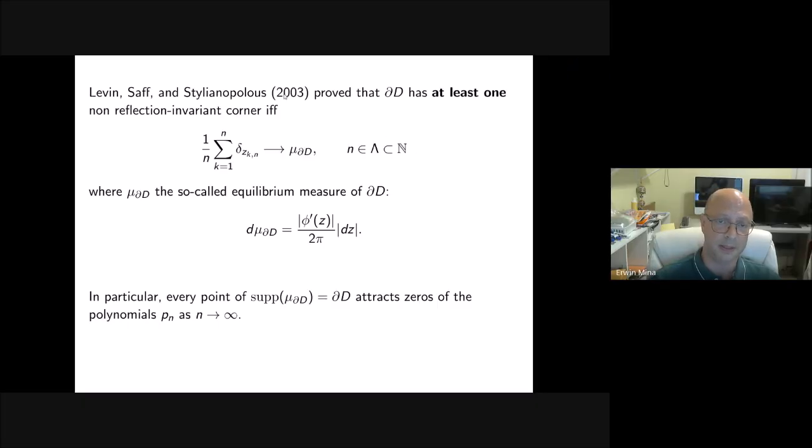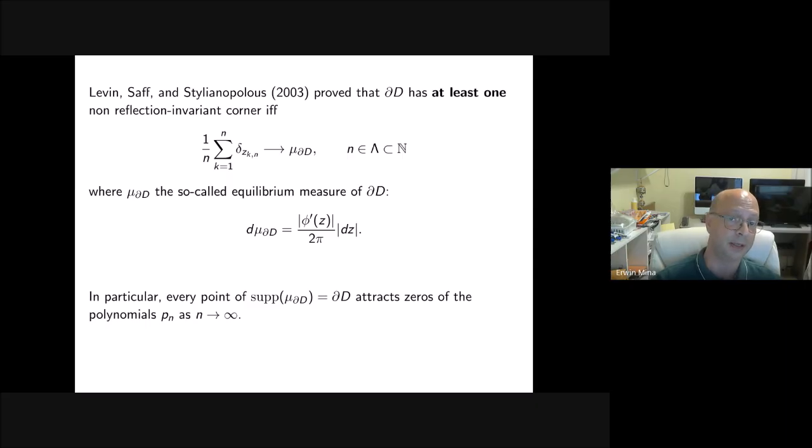Okay, so there is this result from Levin, Saff, and Stylianopoulos from 2003, where they proved that if the boundary of the domain, so the piecewise analytic curve, has at least one non-reflection invariant corner, so let's say a bad corner, that is equivalent to saying that the normalized zero counting measures converge to the so-called equilibrium measure of the curve, at least through some subsequence.